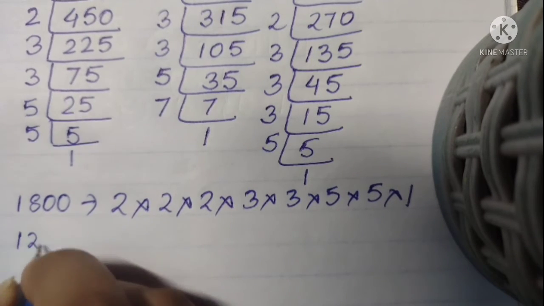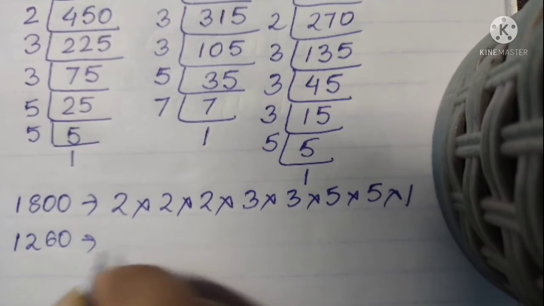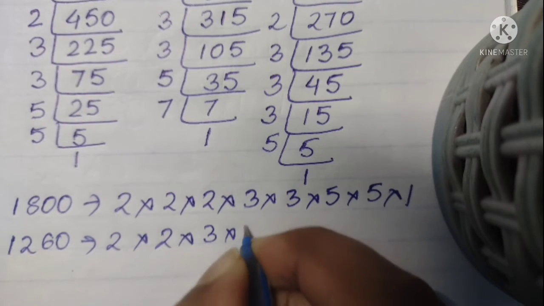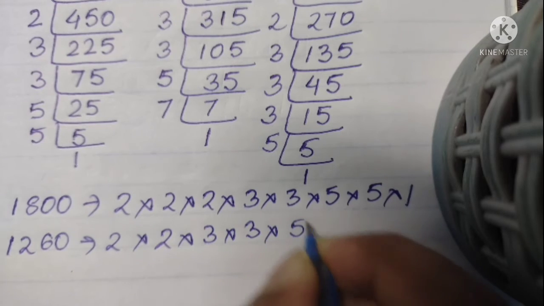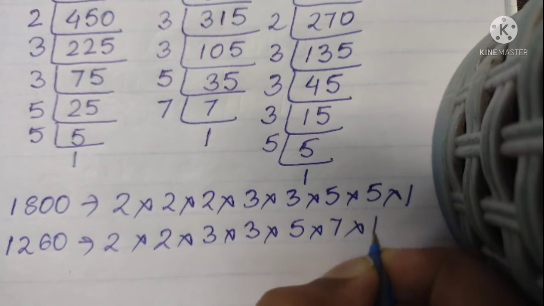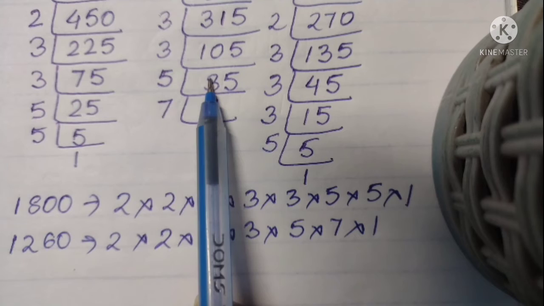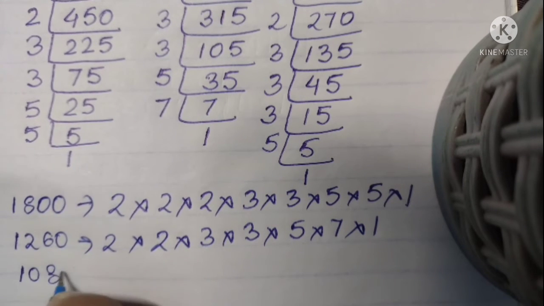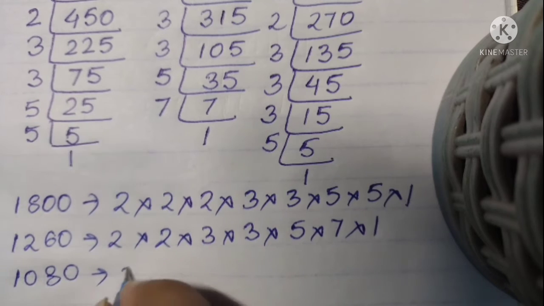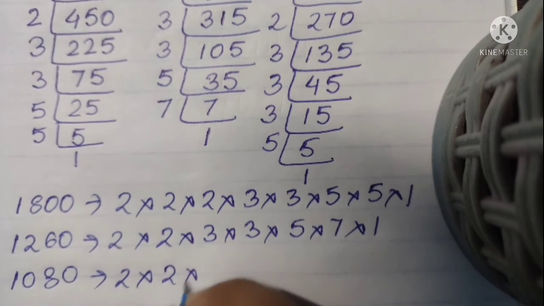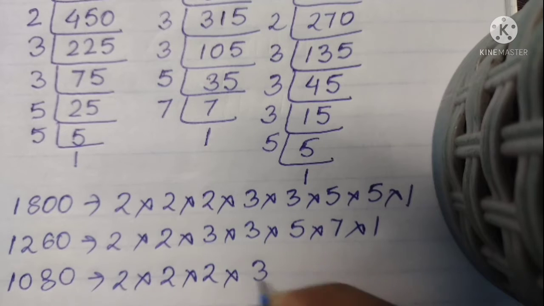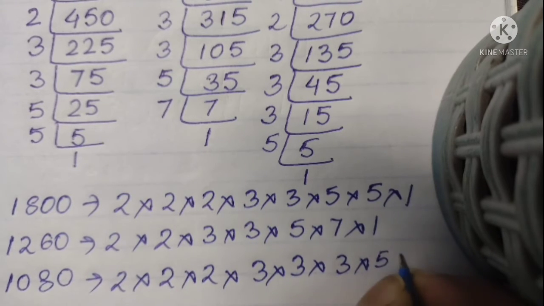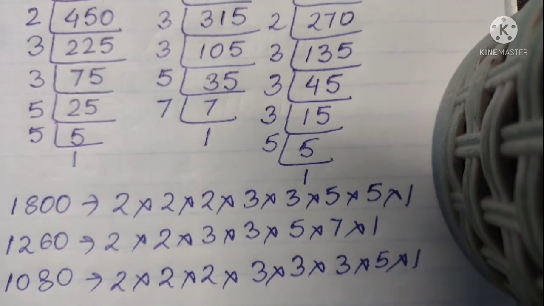Now 1260 can be written as 2 into 2 into 3 into 3 into 5 into 7 into 1. As reference to this factorization, now 1080 can be written as 2 into 2 into 2 into 3 into 3 into 3 into 5 multiplied by 1.